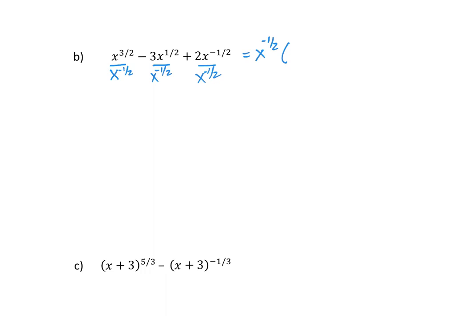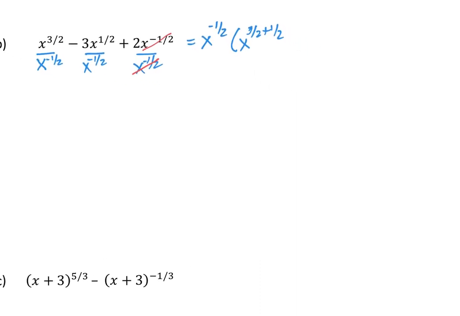And I could see in this last term that the x to the -1/2 will cancel, and I'll just have the +2. The x to the 3/2 divided by x to the -1/2 would mean 3/2 minus a -1/2, which would be x to the 3/2 plus 1/2, right? Because it's going to be a minus negative.